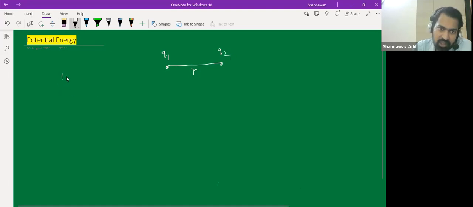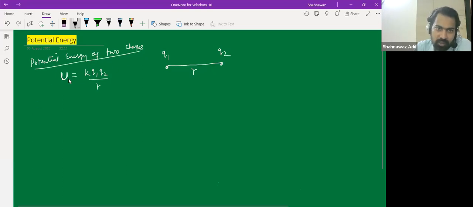The potential energy, which is the work done in making this system, would be K Q1 Q2 by r. This is the potential energy of two interacting charges.